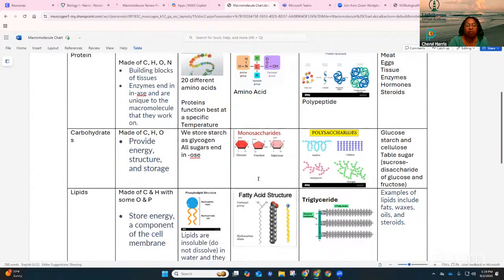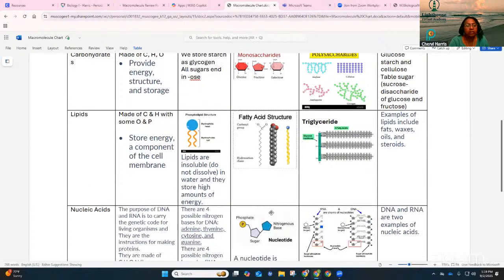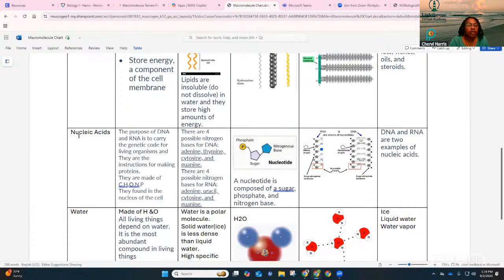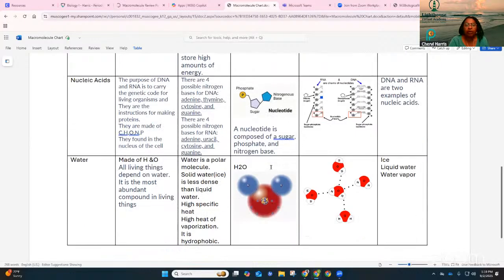The monomer for a lipid is a fatty acid. The monomer for a nucleic acid is a nucleotide. So that answered that question if you didn't have that already done. And technically the monomer for water, even though they didn't ask you, is H2O. That is a set structure, H2O.